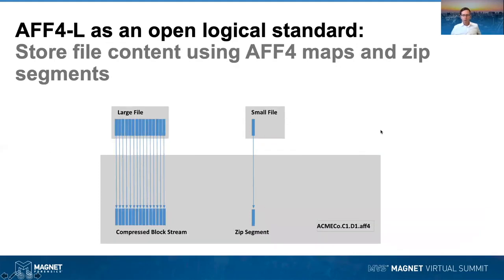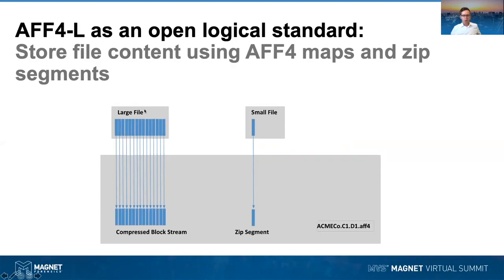Now, we can reuse our compressed block stream abstraction out of AFF4 for storing large files. So we can create a map segment, or we can use a map abstraction from AFF4 for large files. That is a little bit expensive in terms of storage.